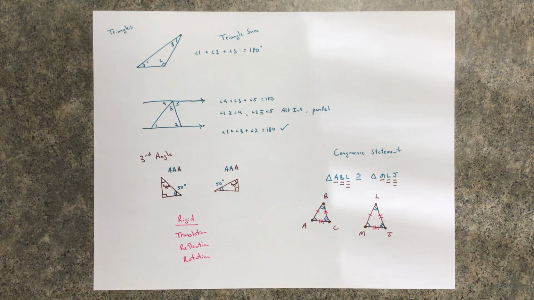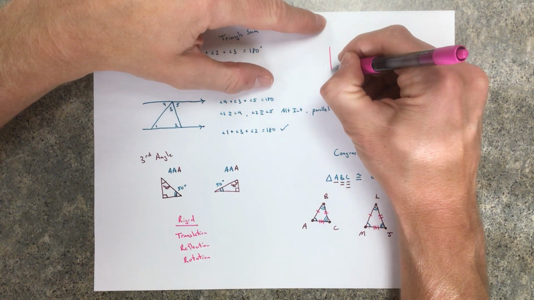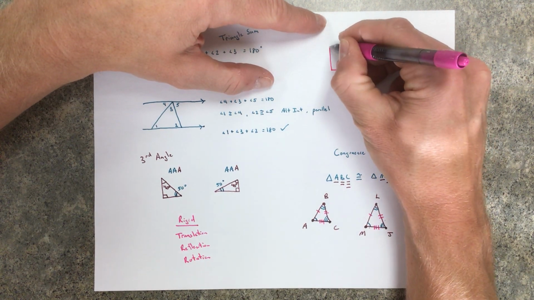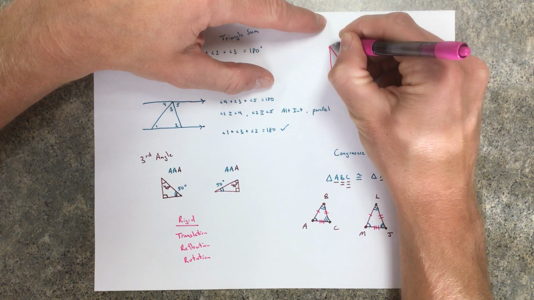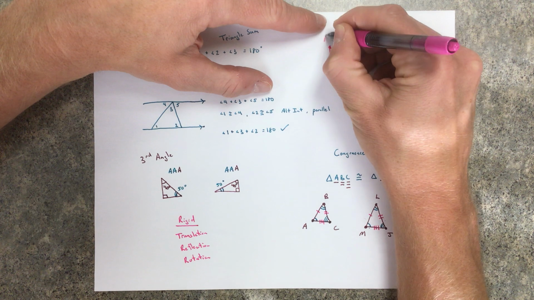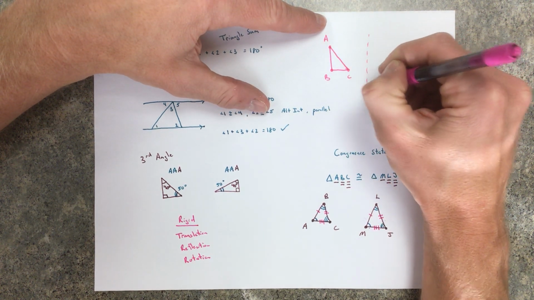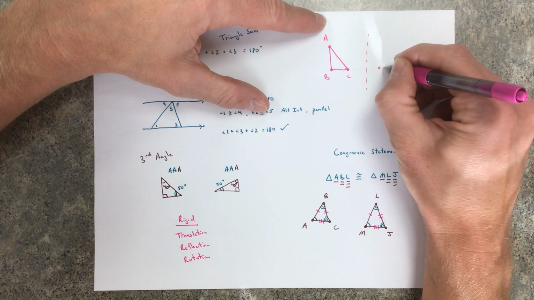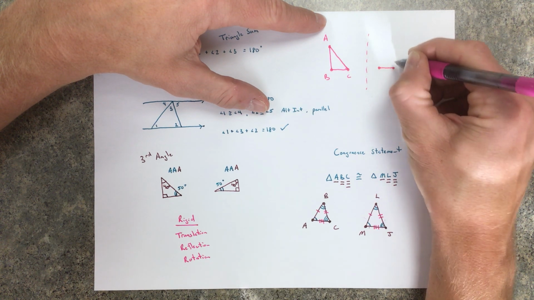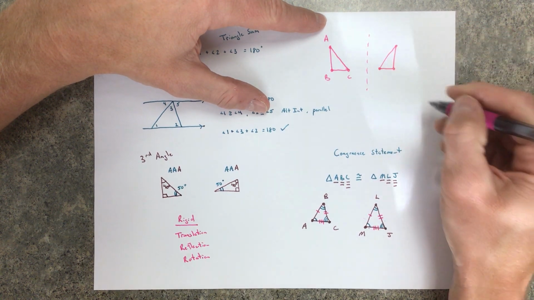All of those lead to a congruent triangle. For instance, I'll do the reflection one. If I take a triangle up here, A, B, C, and I take this line and I reflect over to here, there, these two triangles are congruent.